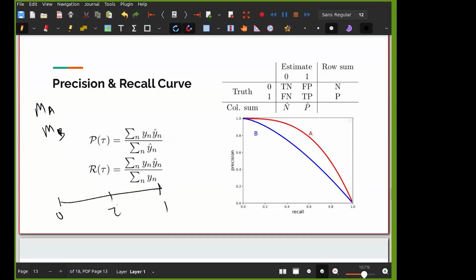We'll choose various thresholds from 0 up to 1 for each model, which will give me a list of precision and recall values for different tau values. So for each model, I get a precision-recall curve. Again, here model A is better because the area under model A is higher, right? This is the area. So here model A is better, and this is the precision-recall curve.